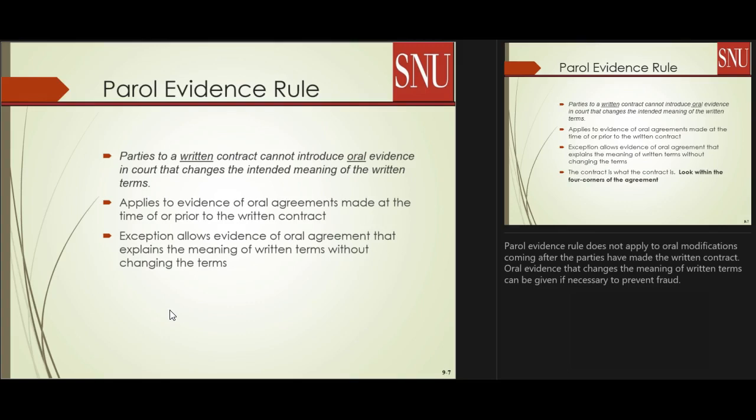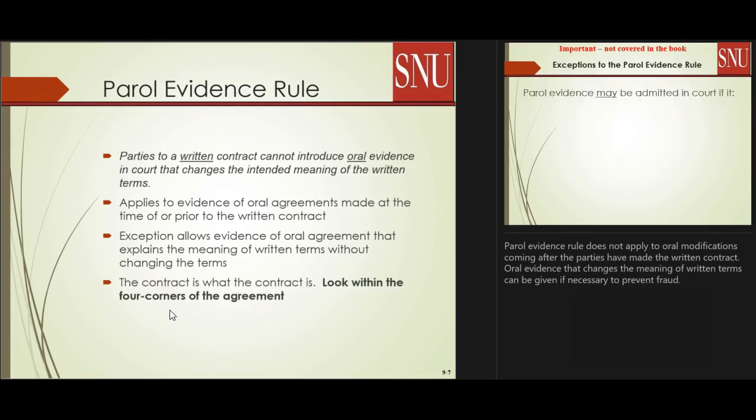Parole evidence will not allow that oral evidence to come in to change the terms or add to the terms of the written agreement. The exceptions do allow evidence of oral agreement that explains the meaning of written terms without changing the terms themselves. So you can give oral evidence as to what was meant, but you cannot give oral evidence saying that the party agreed to do something else in the agreement.